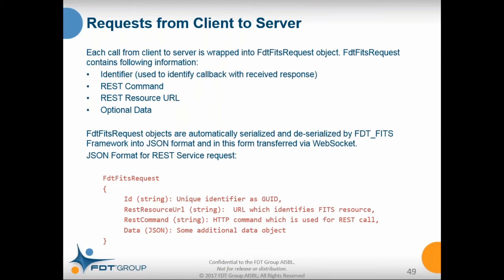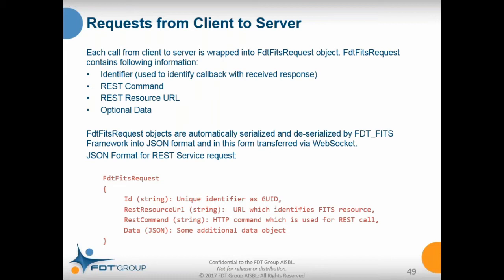It contains the following information: an identifier, which is used to match the callback with the received response, so that the client is able to do this; the REST command, including the REST resource URL; and, of course, the data we want to send, if we want to send it.